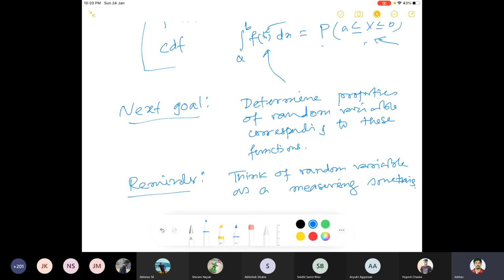That means you are measuring something corresponding to the random experiment, and it gives a value, and that is your random variable. The random variable is a function from the sample space to R, the real numbers. So these real numbers are giving you a value corresponding to the experiment. Now you want to determine the properties of these values, which will actually give you the properties of the corresponding events or the properties of the corresponding experiment.